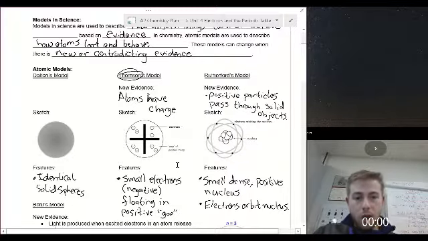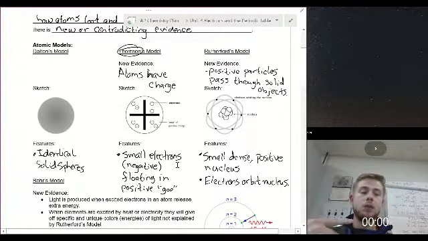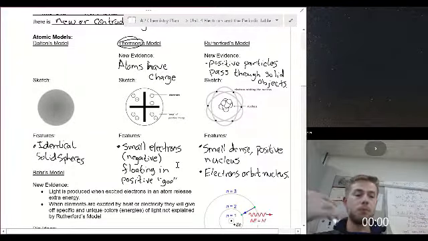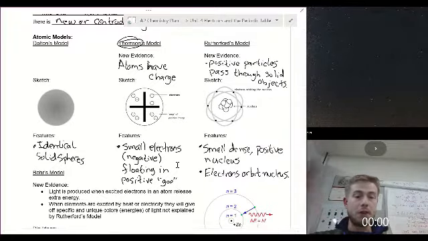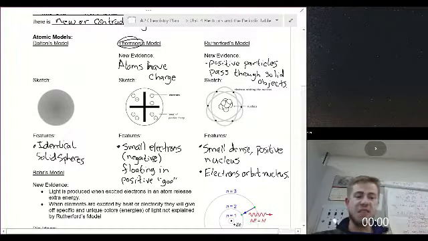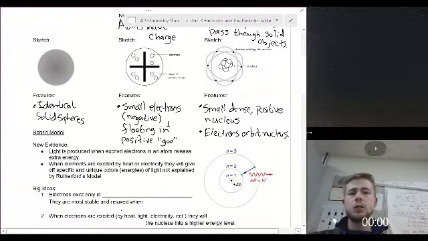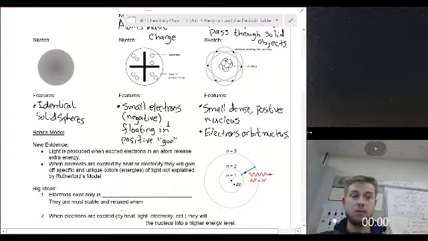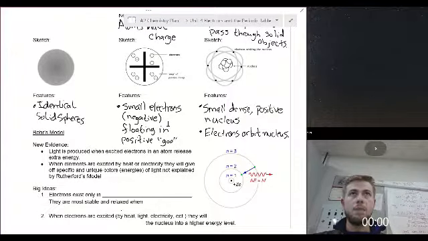Okay, so now we come to a slightly more recent model of the atom, which is Bohr's model. Bohr's model saw a couple of things about atoms that Rutherford's model did not explain, or explain well. The new evidence that Bohr found was that when he excited atoms with either heat or light, they produced color. They produced not just a rainbow of color, and they didn't always produce bright light.